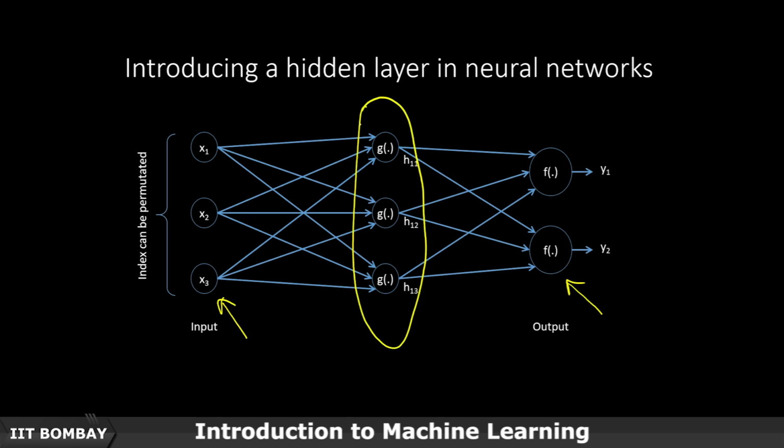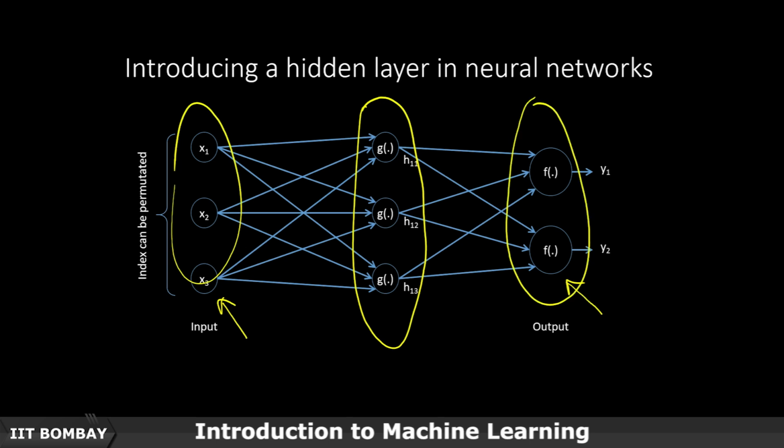You can see that there is no interconnection within layers, there is no skipping of layers, and there is no connection coming back from a previous layer. So it's not an arbitrary connection of neurons, it's only a layer-wise connection of neurons. All the neurons here are connected to all the neurons here, and then all the neurons here are connected to all the neurons here. So that's the basic structure of a neural network.